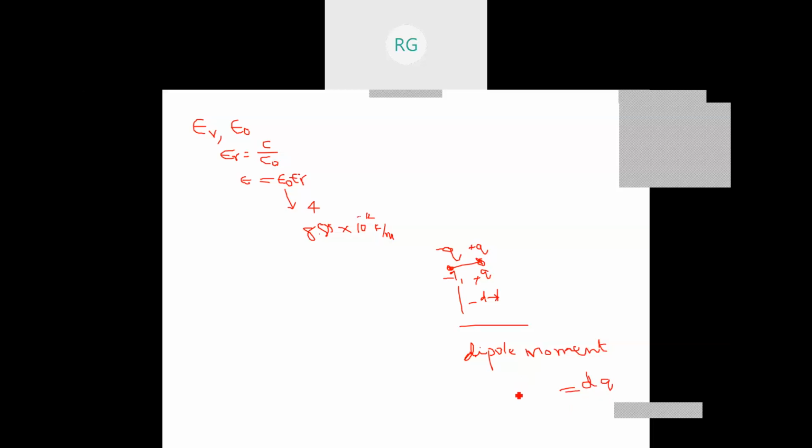So this is the dipole moment. This dipole moment may be shown by mu, or some textbooks show it by m. So the dipole moment is the product of the distance between them and either of the charges.